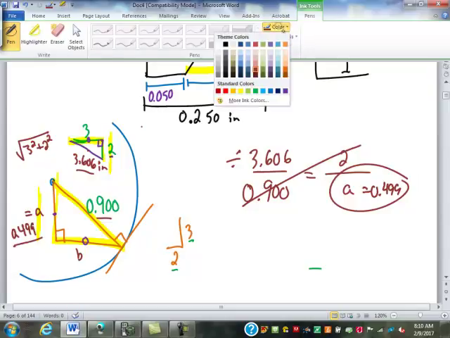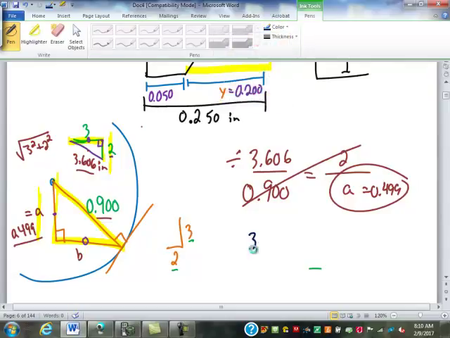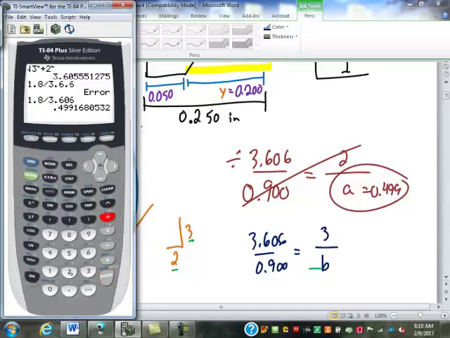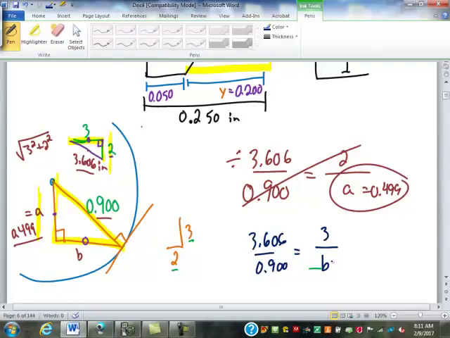B is going to be found the same way. 3.606 over 0.9. B goes to 0.9. What goes above the B? The 3. B is 0.749. So what does that do?